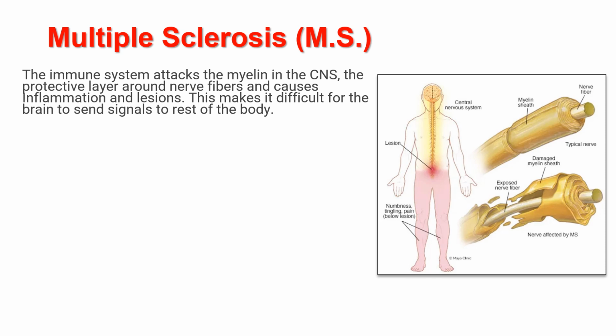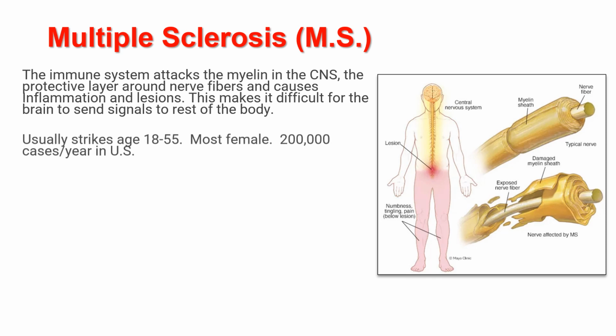Again, one of the most common demyelinating disorders, and it's progressive as well. It usually strikes people that are relatively young, mostly female, almost 200,000 cases per year in the United States, and there really is no going back from it. The only thing we can do, we have what are called DMARDs, disease modifying drugs.